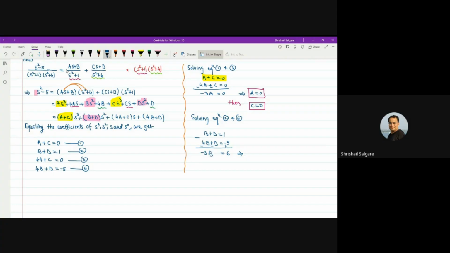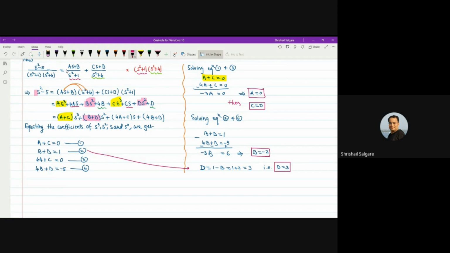So B is equal to minus 2. Then that value of B I will substitute in equation 2. Then D is equal to 1 minus B, that means 1 plus 2 equal to 3. That is D is equal to 3. Check it, correct?